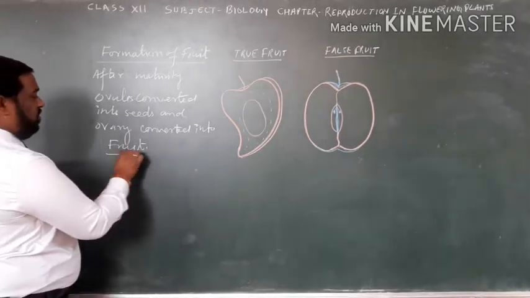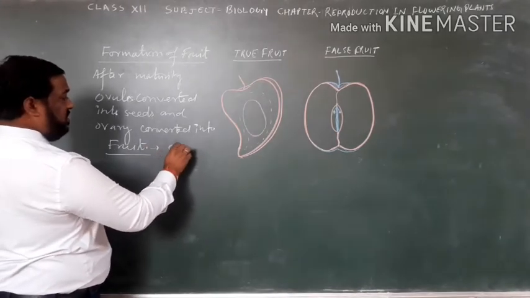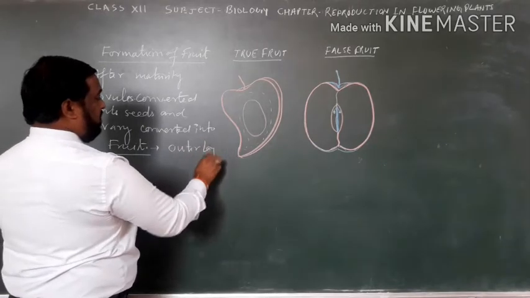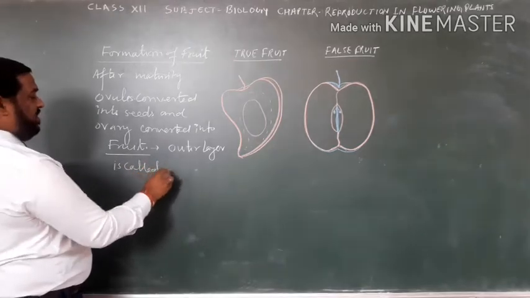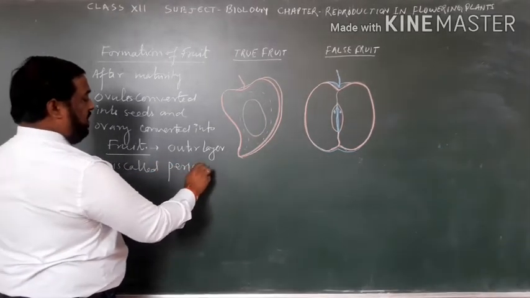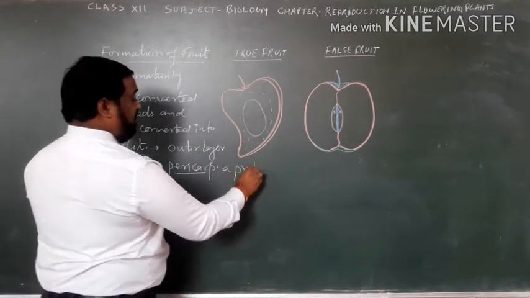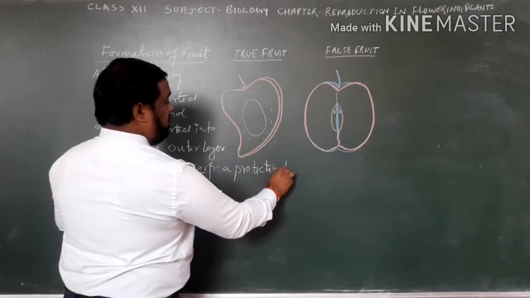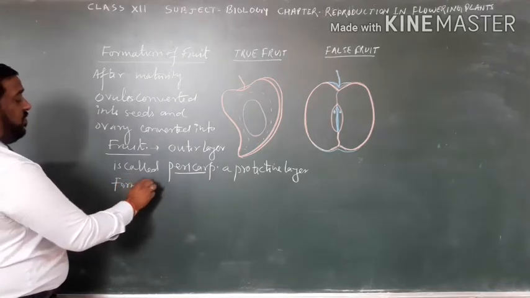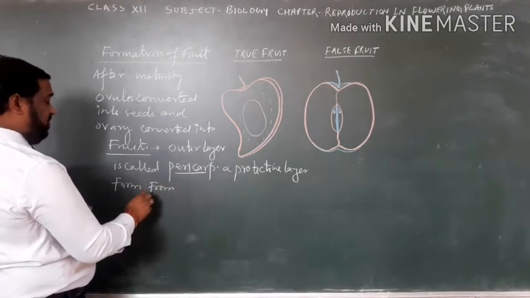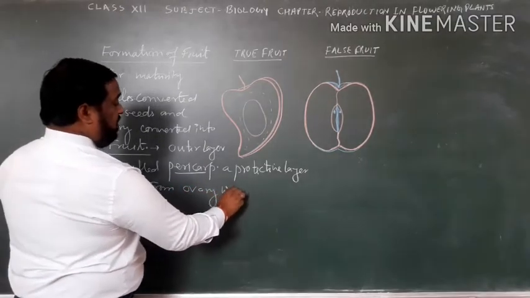So this fruit has an outer layer called pericarp, a protective layer formed from the ovary wall.